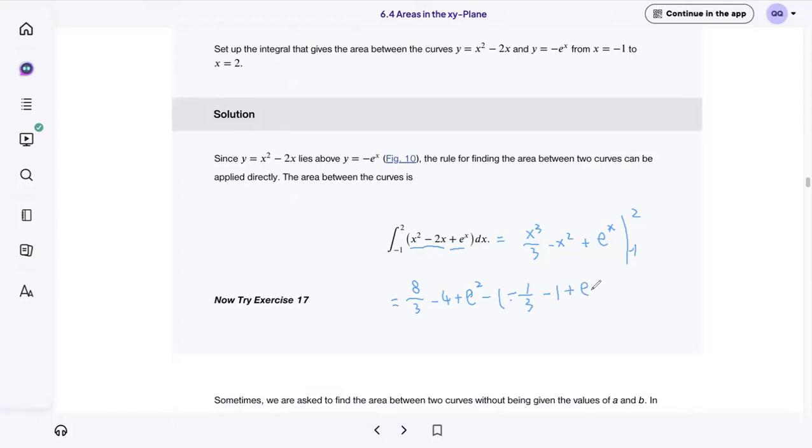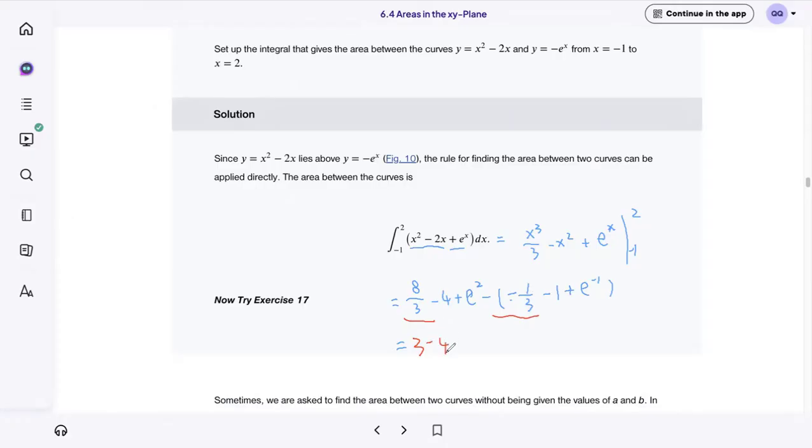Then plus e raised to negative 1. Let's combine some like terms. We have 8 divided by 3 minus negative 1 over 3. That becomes plus 1/3, right? So 8/3 plus 1/3 is 9/3, and 9 divided by 3 is 3.